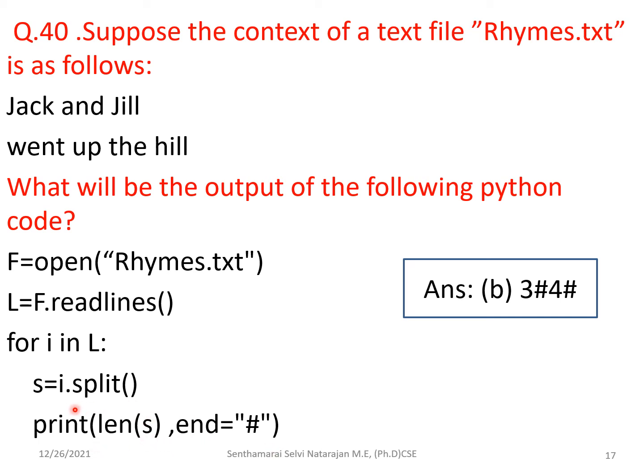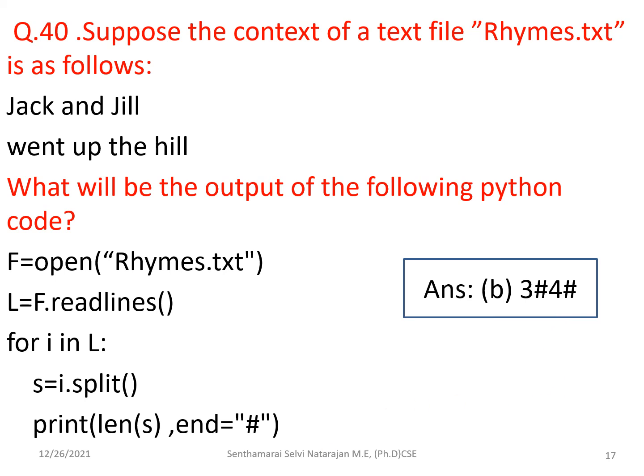So they are asking to print len of s. So readlines, it is not read, so readlines. Each and every line it will be reading separately and then it will be printing the words in that line with a hash as an end symbol. So in the first line it is having 3, so 3, and then the next line it is having 4 words, so it is 4.